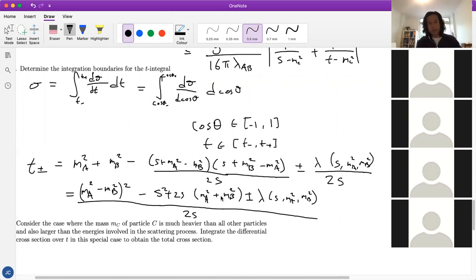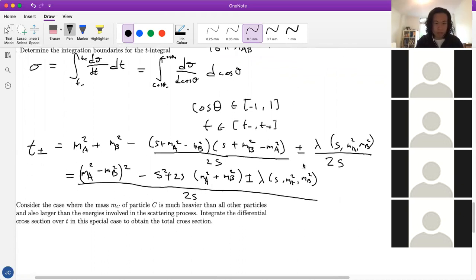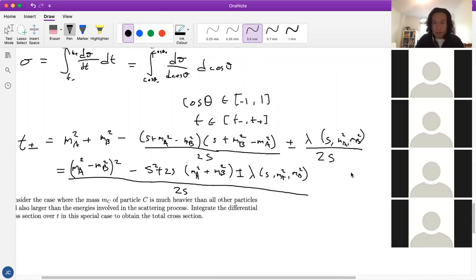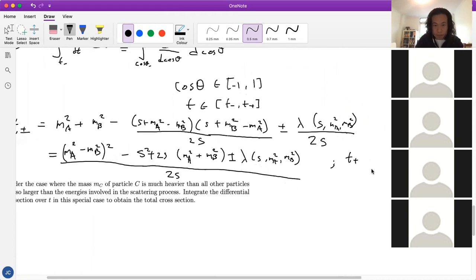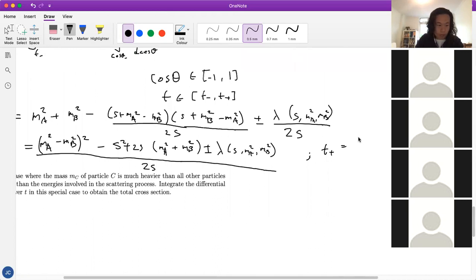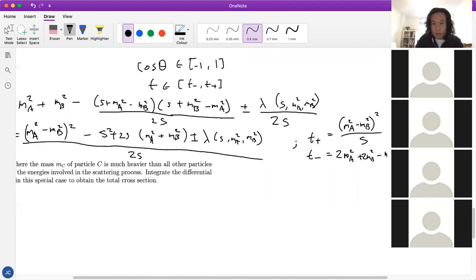Then you can put it through Mathematica to simplify this, or sit through the algebra. But what you should get is the upper limit, t plus, will be (ma squared minus mb squared) all squared over s. And then t minus will be 2ma squared plus 2mb squared minus s.